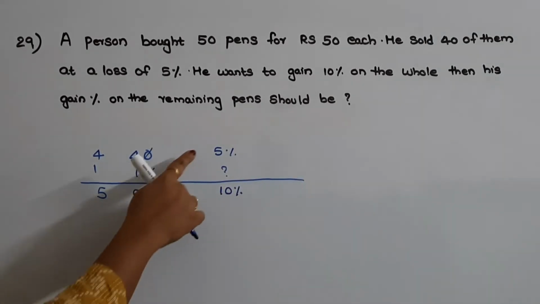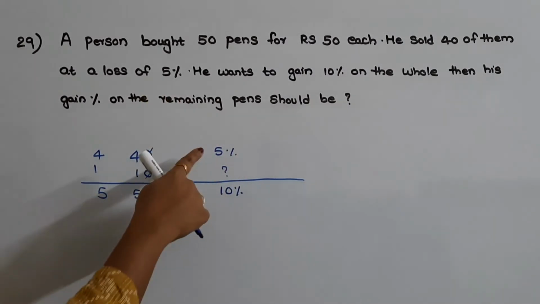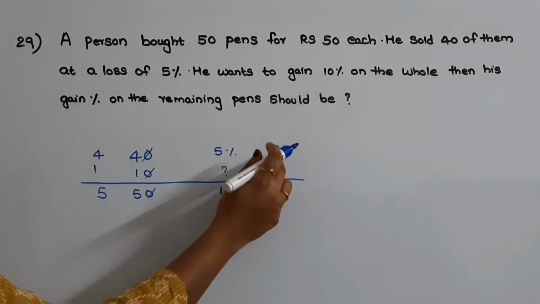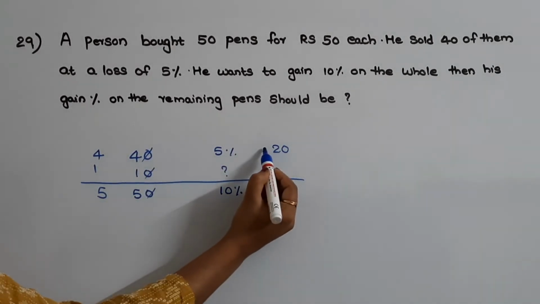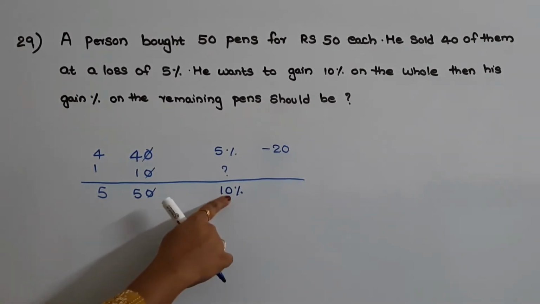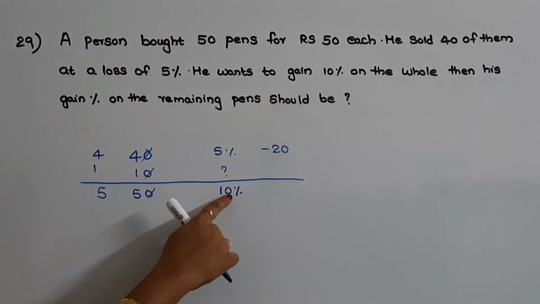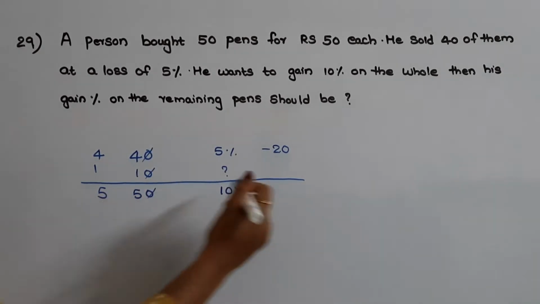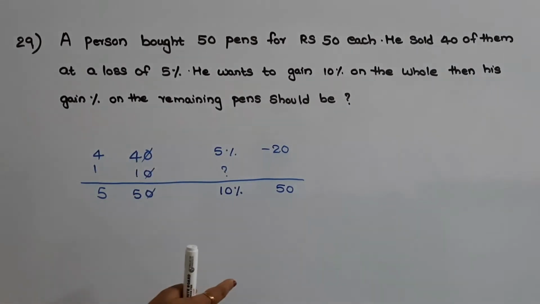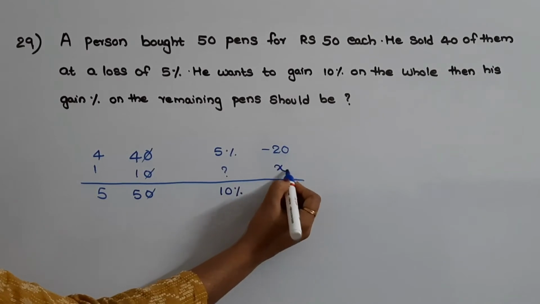So if the loss percentage of 40 pens is 5, then what will be the loss? Loss will be equal to 5 into 4, that is 20. Now this is a loss, so let us consider a negative sign here. If the profit percentage of the total number of pens is 10, then what will be the profit? That would be equal to 10 into 5, that is 50. Here it is a profit, so it will be a positive value. Let us consider the unknown as x.